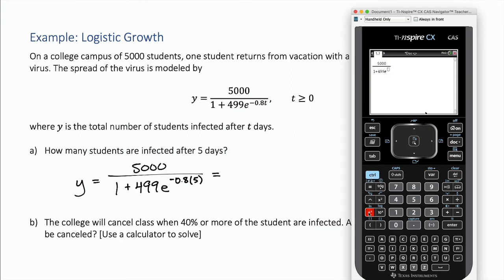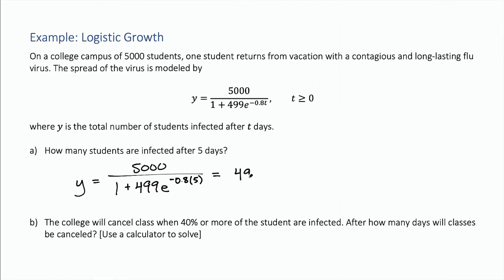So I'm just going to hit that: e raised to the negative 0.8 times 5. Now, we are talking about number of people infected here, so it doesn't really make sense to use a decimal. So I'm going to round this to the nearest whole number. And I get 493. This is a pretty fast spreading virus.